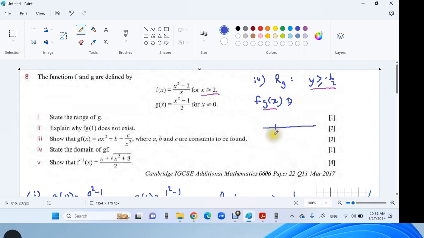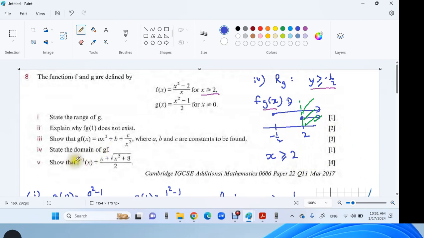So we have negative half and 2. The value for x that satisfies both is x greater than or equal to 2. So this is number 4.